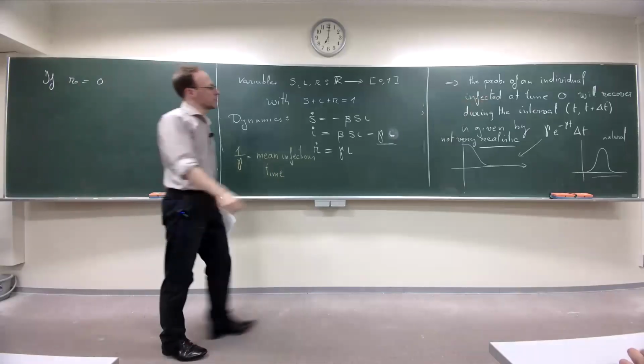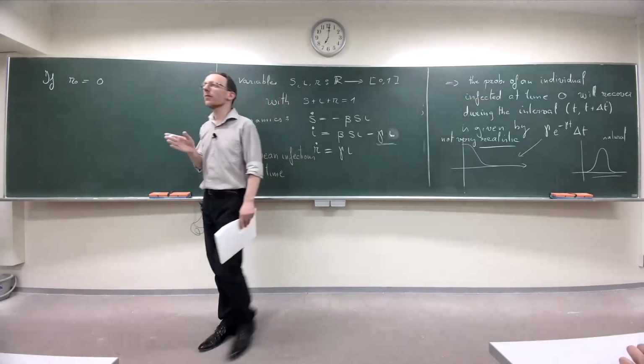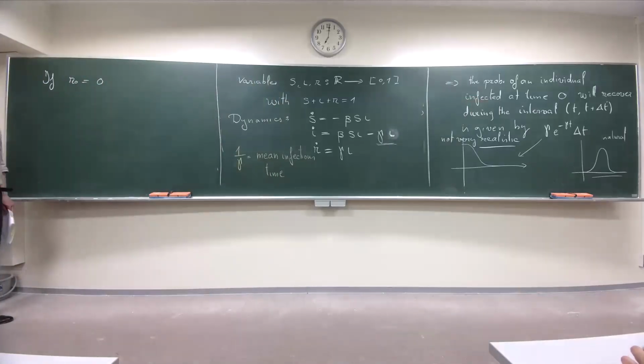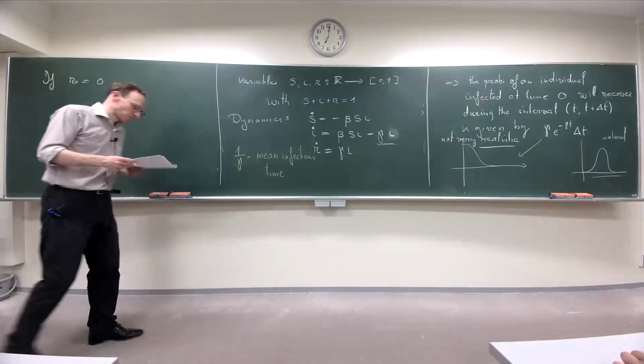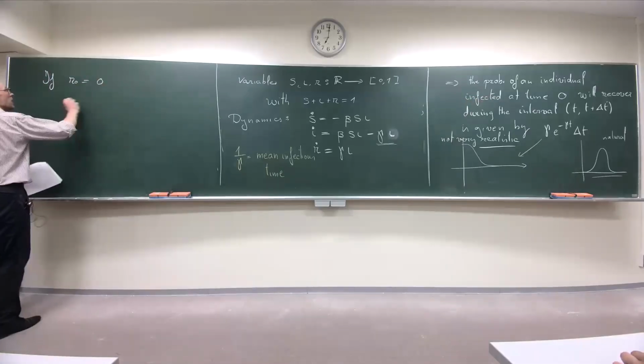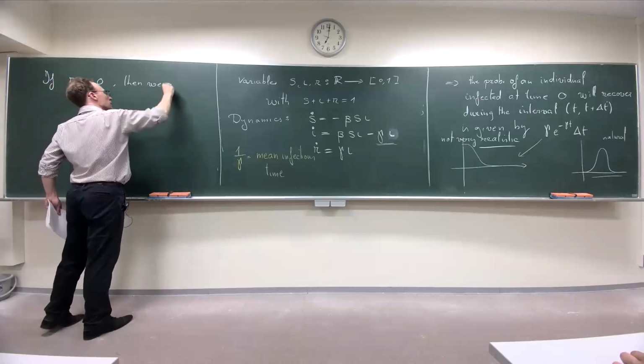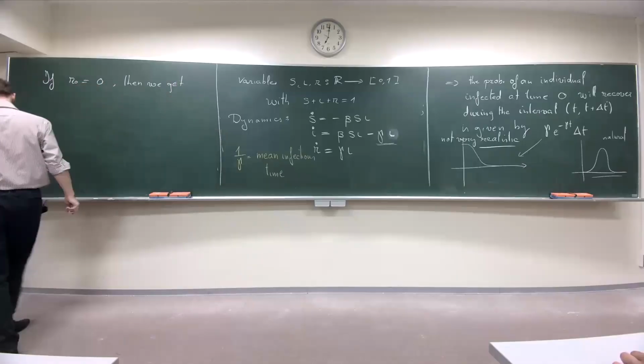We usually assume that at time 0, we have nobody who has already recovered. This is a natural assumption. I want to get a solution or partial solution for this.